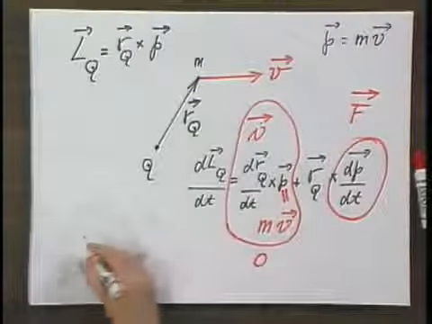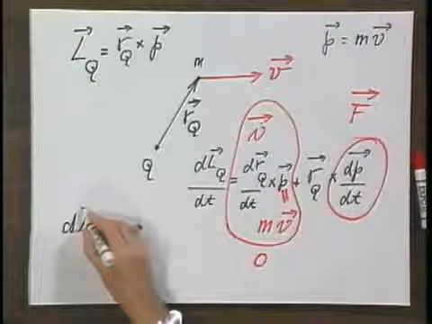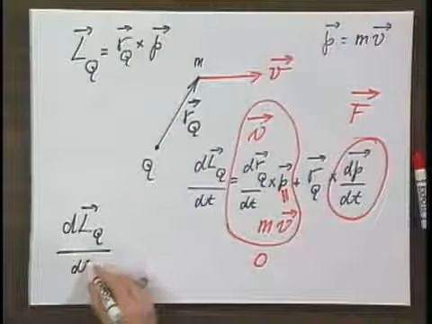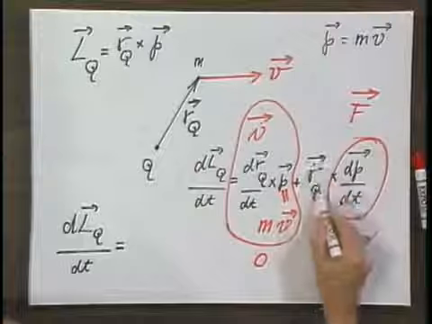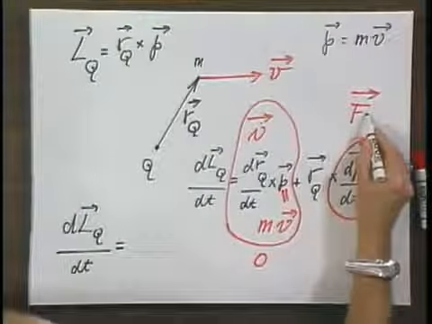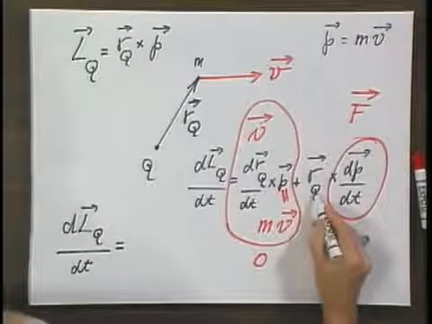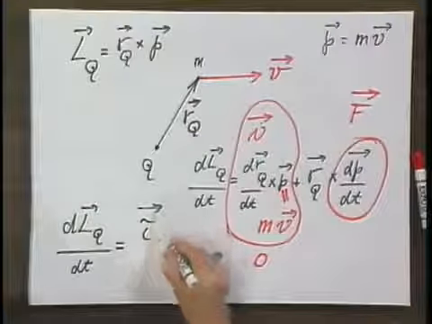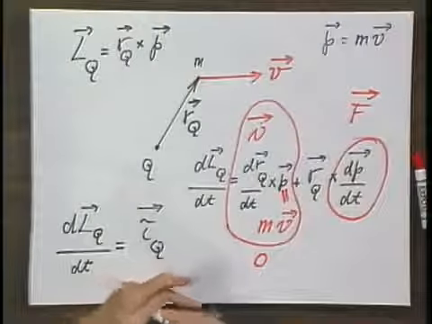So what we end up with is an extremely famous equation that the time derivative of angular momentum equals r cross F relative to point Q, r relative to point Q cross F. And that is the definition of the torque tau relative to point Q.